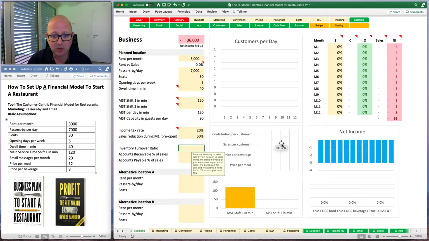So the benchmark for this is about 10 to 25%. Let's say we do have 15% ITR. Next one is accounts receivable percent of sales. Let's just assume 6%. Next one is accounts payable for sales. Benchmark 5 to 15%. Let's say we have 10%.